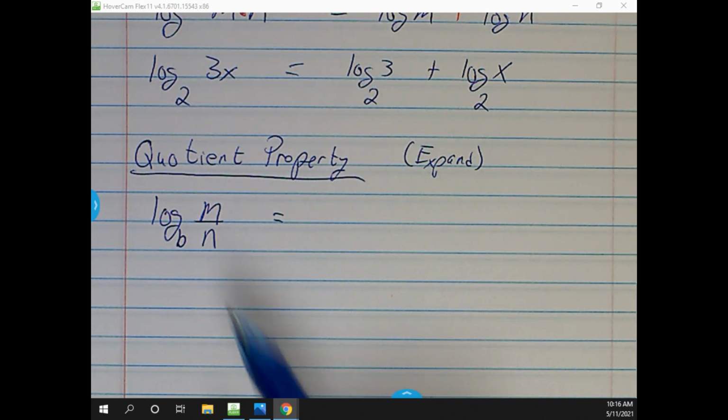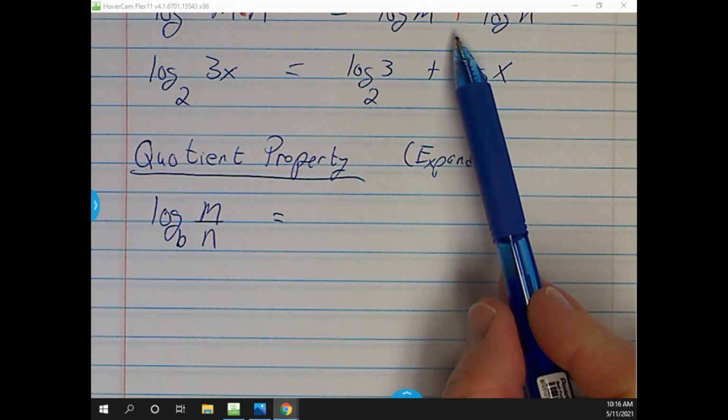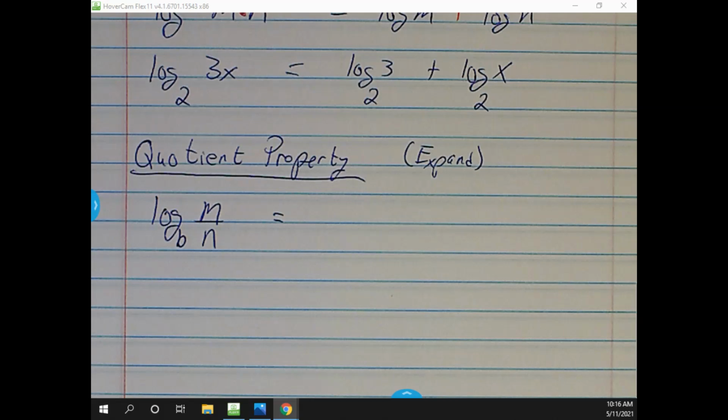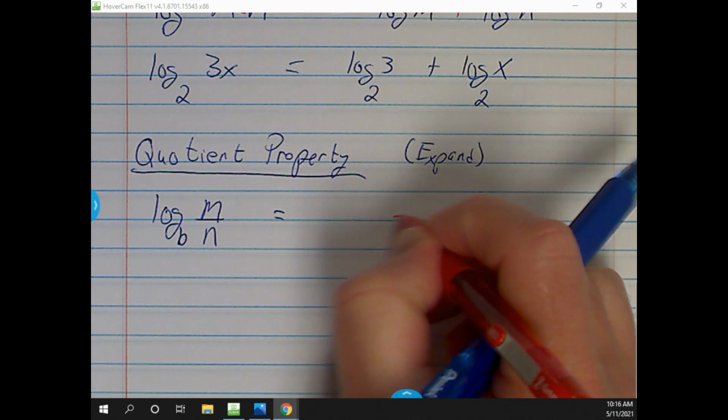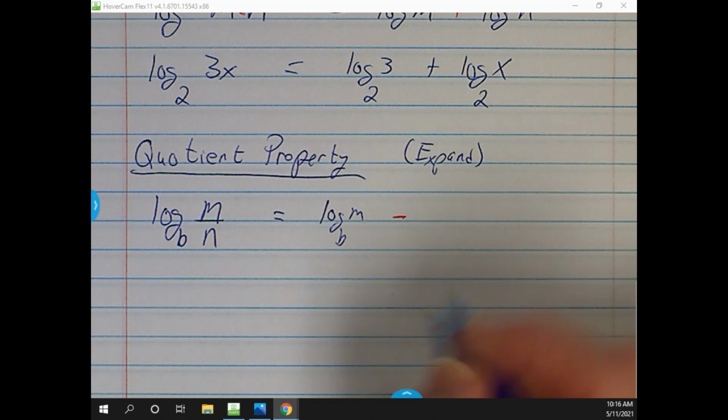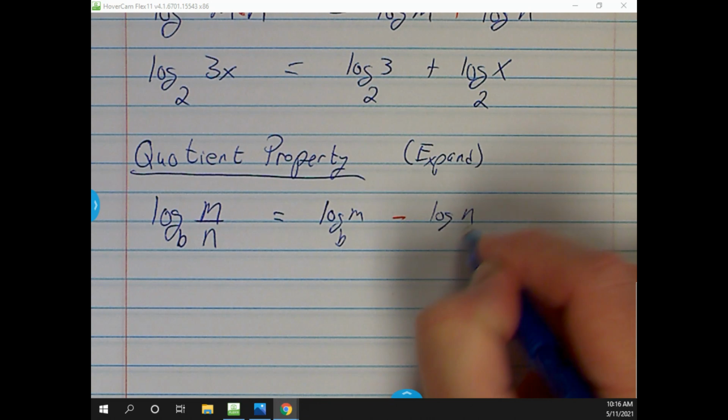And if multiplication was paired with addition, division is going to be paired with subtraction. So we're going to do the log of m base b minus the log of n base b.